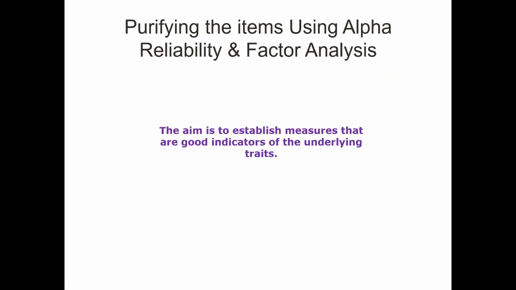So this whole measurement validation approach through reliability test and validity test is what we call measurement purification. In doing that, if you conduct reliability tests, you want to check internal consistency.